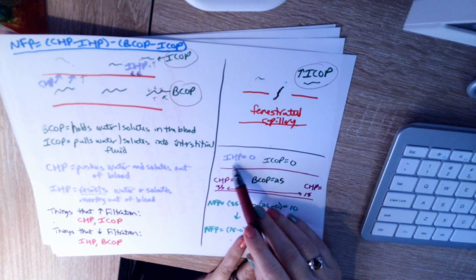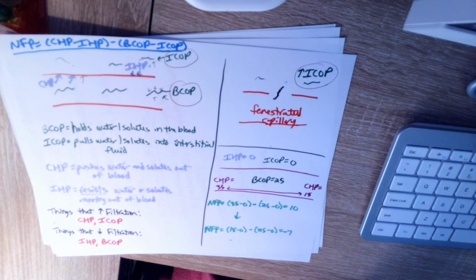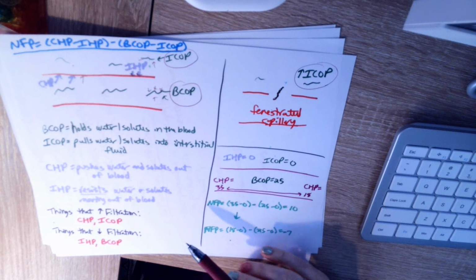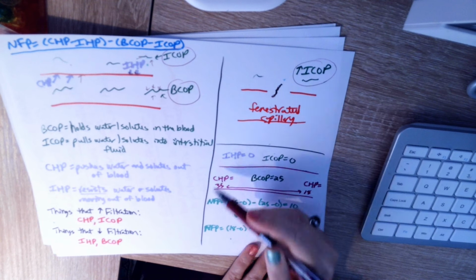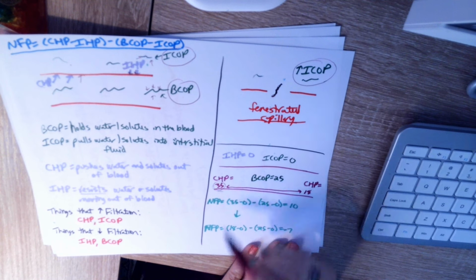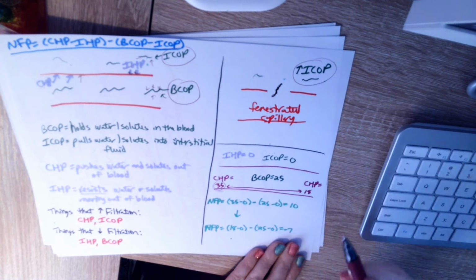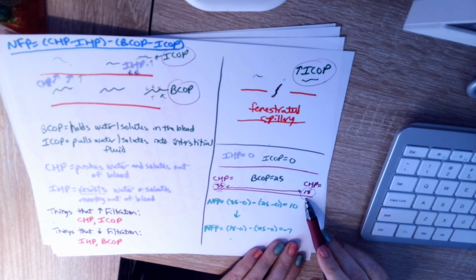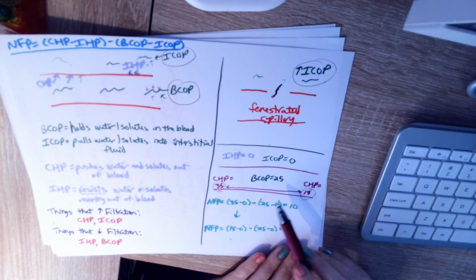Now, let's take an example of a regular capillary that has regular perfusion, and I'm going to use the same numbers from our example before for the pressures: at the beginning, a capillary hydrostatic pressure of 35 millimeters of mercury, and at the end of the capillary bed, a capillary hydrostatic pressure of 18 millimeters of mercury.